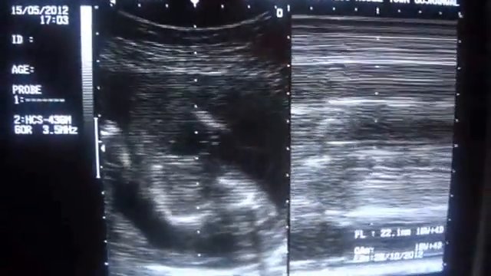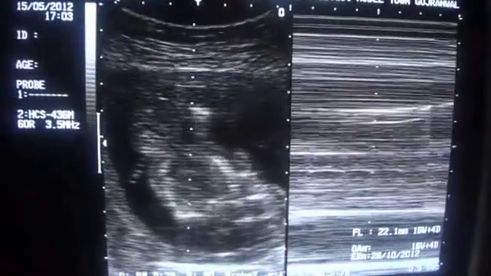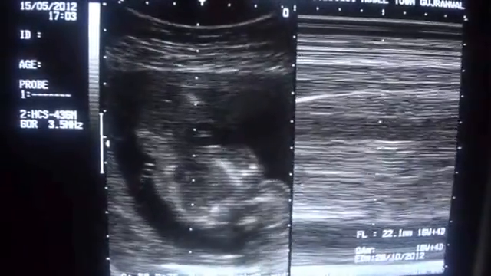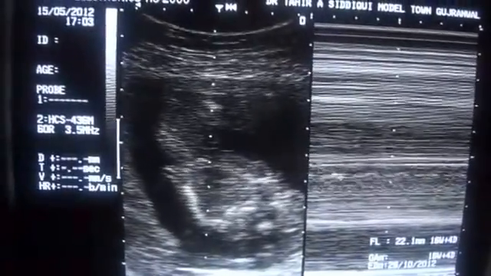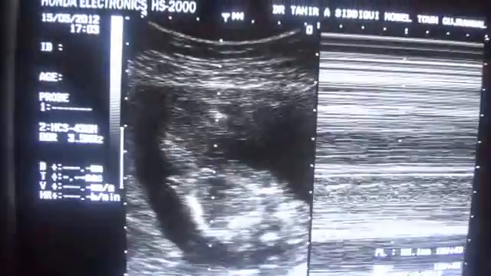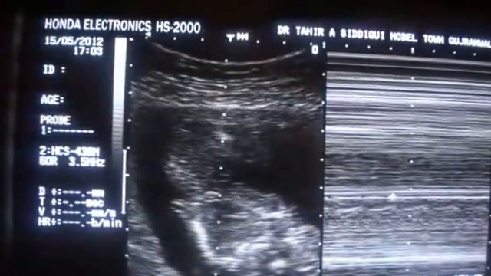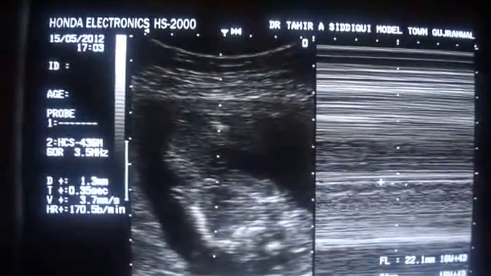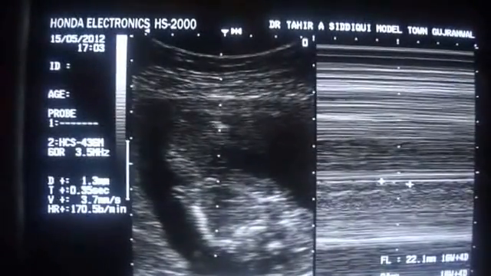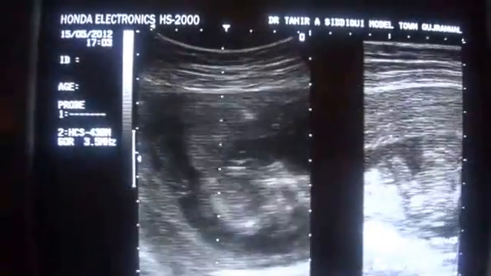So we cannot take the transverse section of the fetus, and the weight cannot be calculated. However, the cardiac activity is present and is 170 beats per minute, which is more than normal.